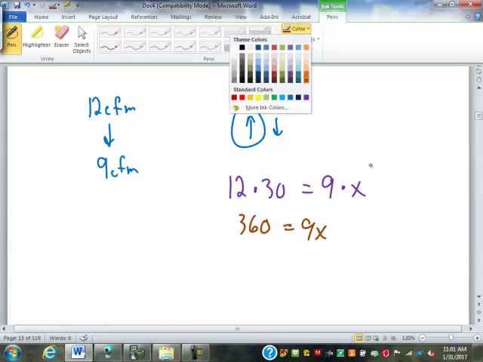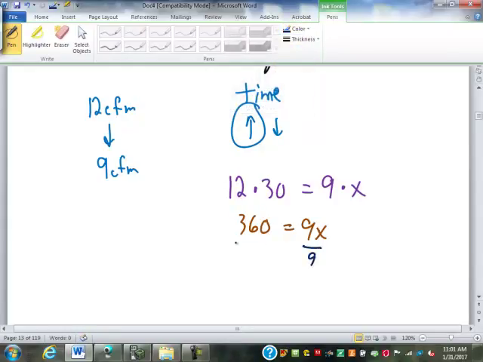And you divide by 9. So you get x equals 40. It would take 40 minutes for that 9 CFM pump to empty it if the 12 CFM pump can do it in 30. Make sense? Okay. A little bit more sense at least?